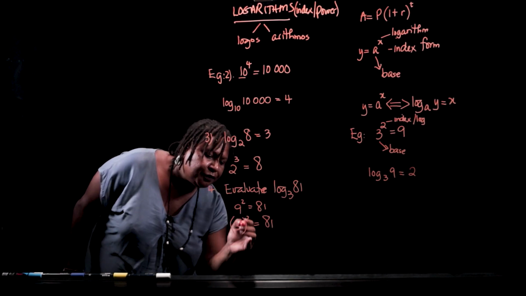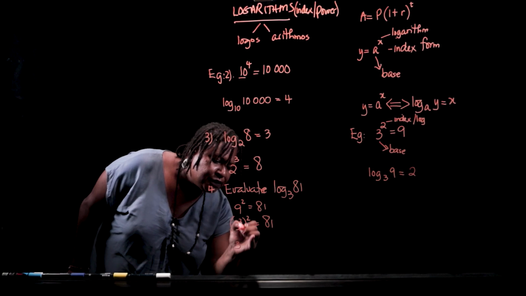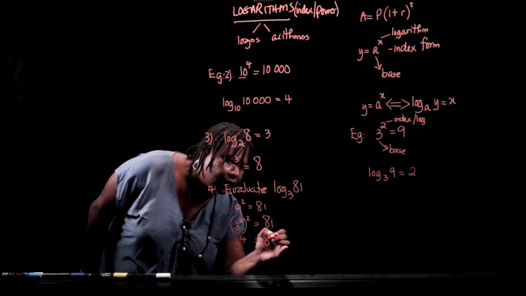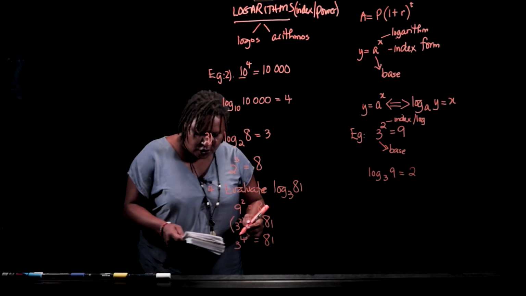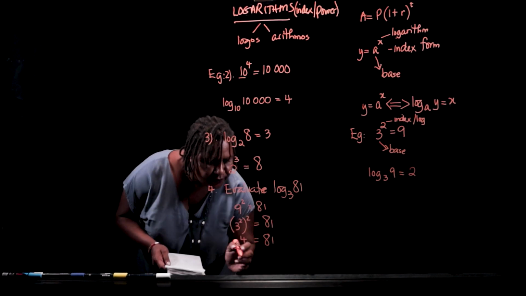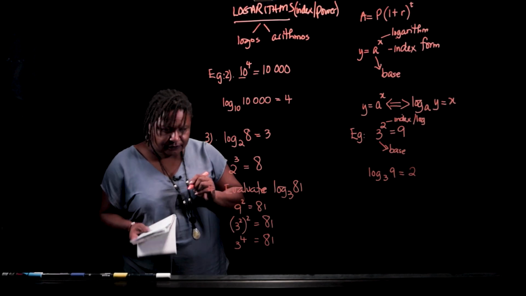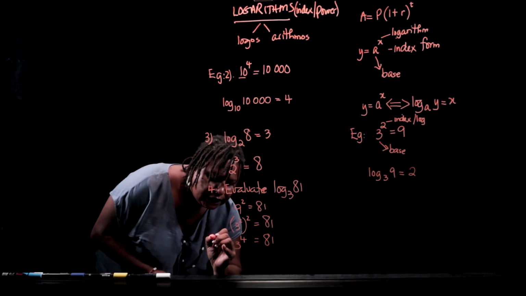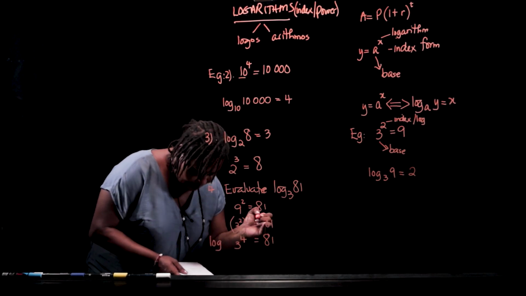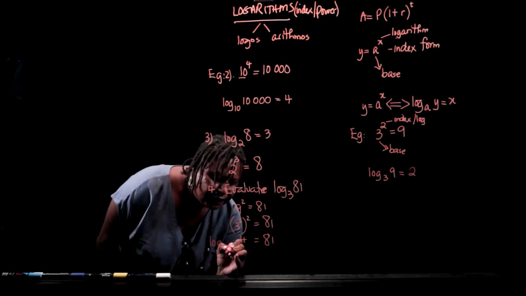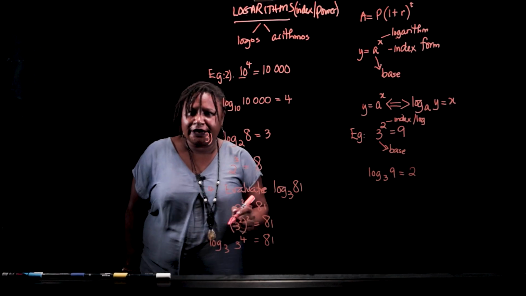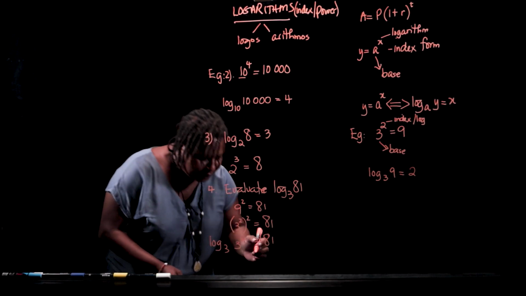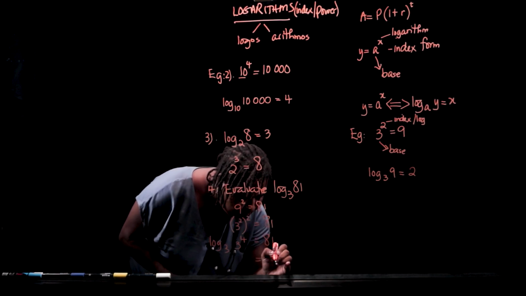So with a base of 3, it will be raised to a power of 4 to give you 81. So our answer here, we have to have log here, log of 81 to base 3. Now it's looking correct. So our answer will be 4.